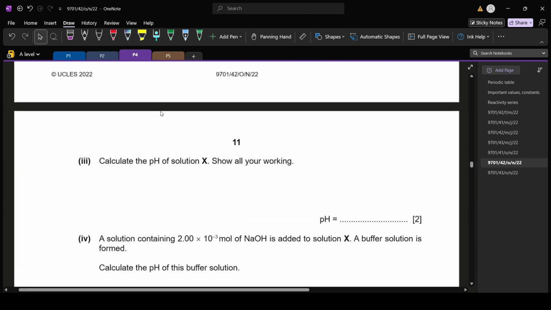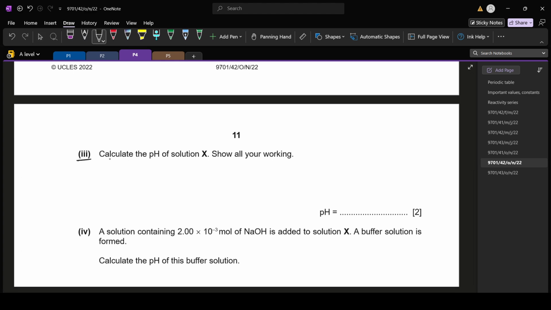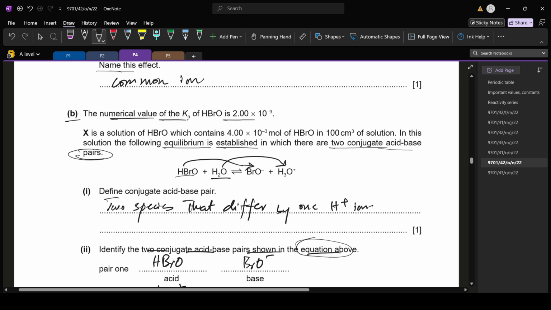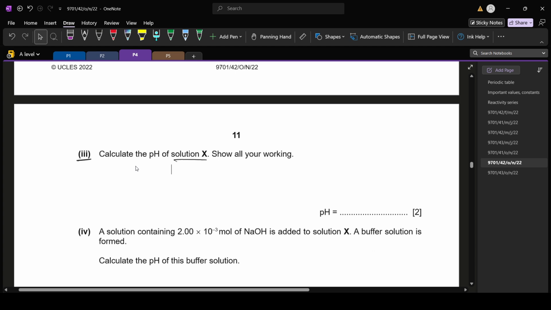Now moving towards the next question, part 3, calculate the pH of solution X. So you have to calculate the pH of solution X. It's actually the pH of a weak acid using Ka.